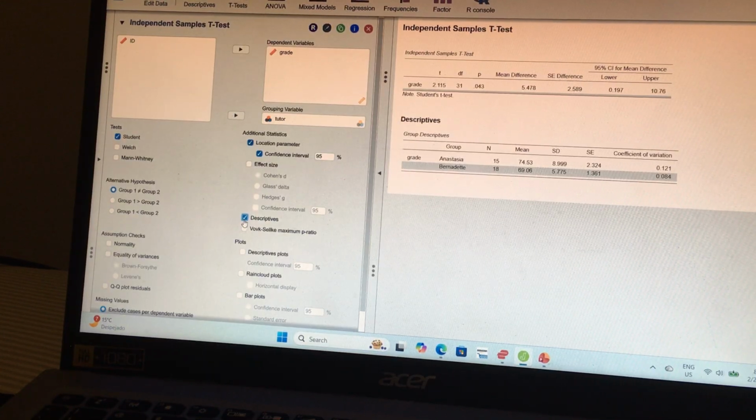And we split the grouping variable by tutor and compared it to Bernadette's students, which had the average grade of 69.056 points.